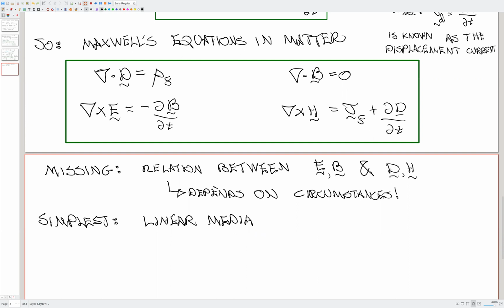So in those cases, we had the polarization vector given by some susceptibility times the electric field, and a magnetization proportional to some magnetic susceptibility times the applied field.